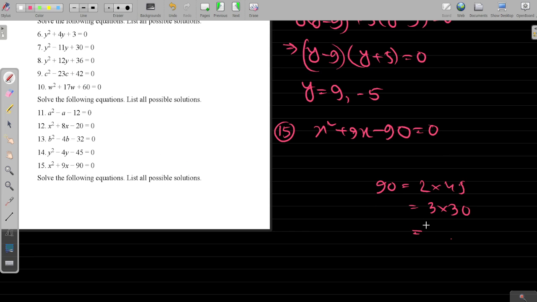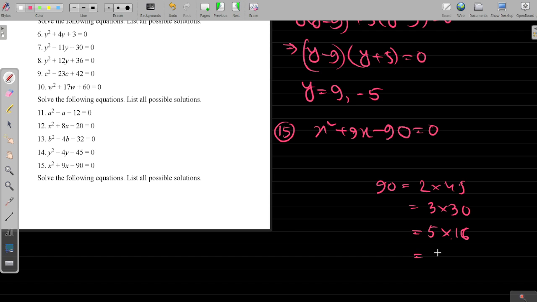Then 5 multiplied by how much? 16, I think. No, 18. Yes, so 5 and 18.